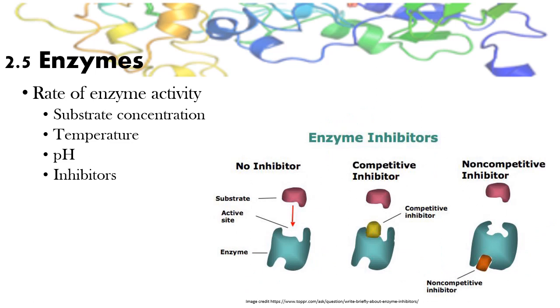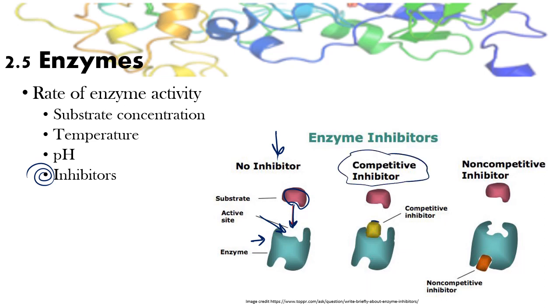One more way that we can affect the activity of enzymes, we can change the rate, is by adding some inhibitors. This is showing us normal activity. I've got my enzyme, I've got my substrate. That substrate fits quite nicely into the active site of the enzyme and things happen. We can add a competitive inhibitor.